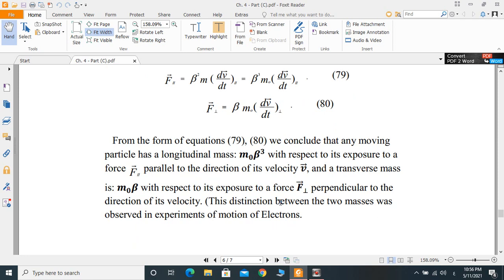This distinction between the two masses of the particle was observed in experiments on the motion of electrons.